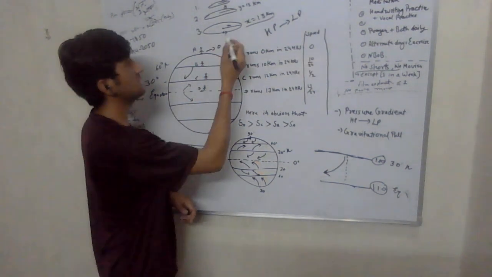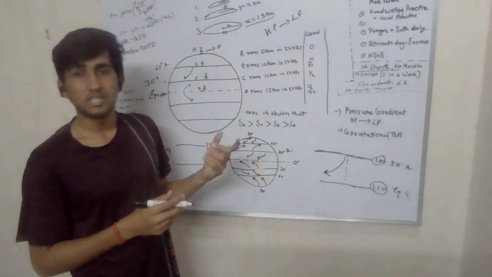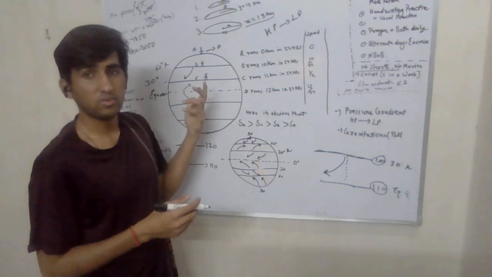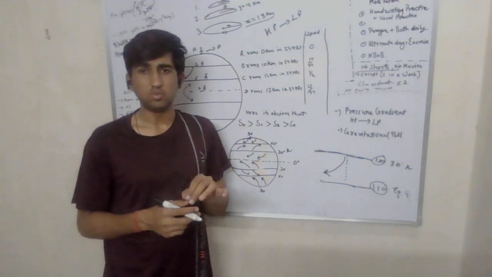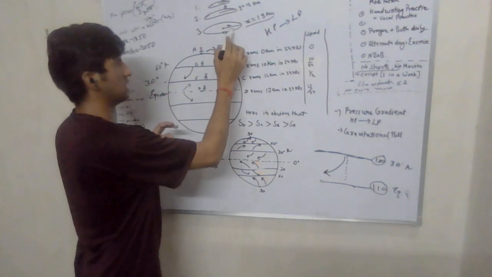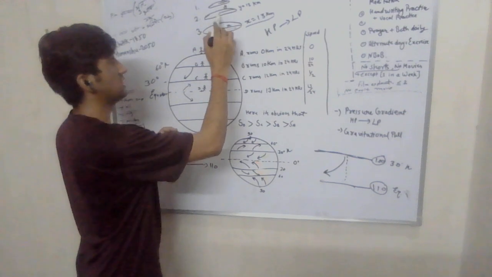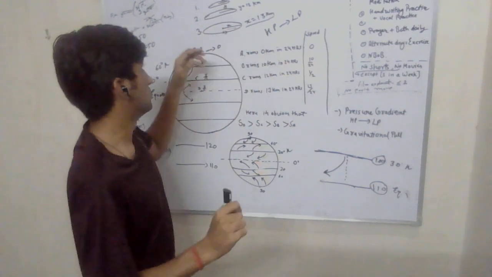B's speed is z by 24. C's speed is y by 24, what we have taken, and D's speed is x by 24. And we can observe that the radius of the equator is far larger than the radius of Tropic of Cancer, in this case 30-degree latitude.